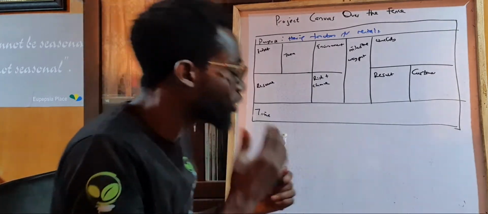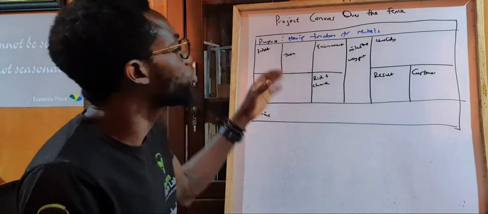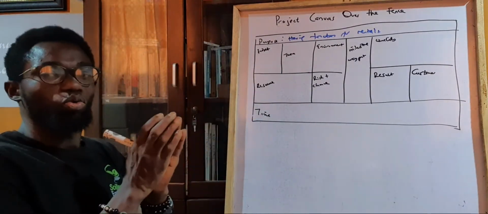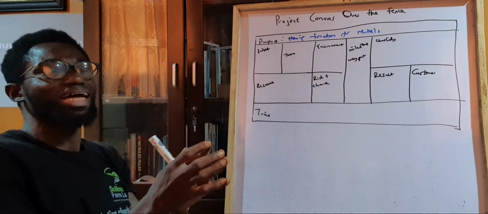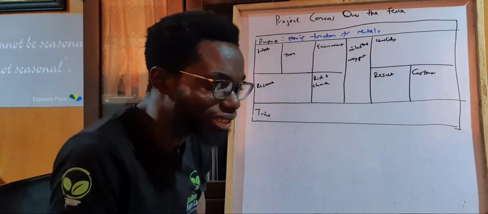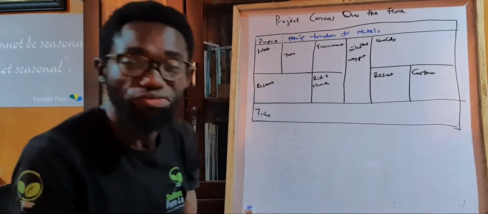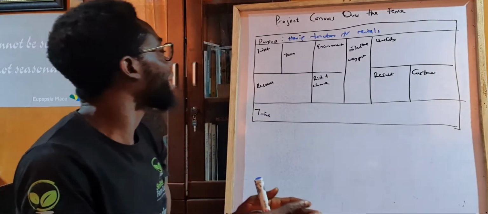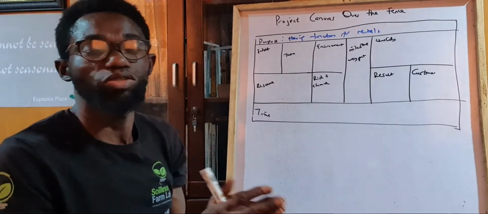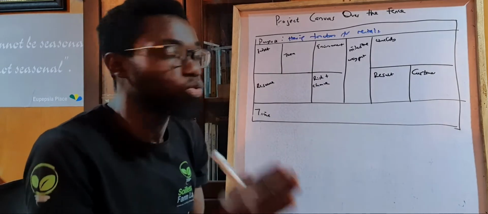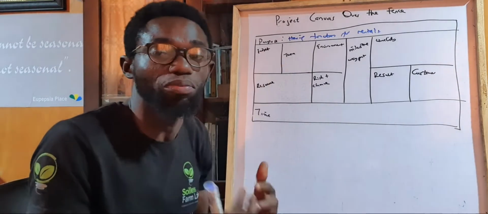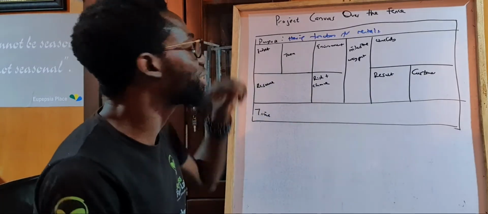I cannot successfully run the project canvas if I do not understand what it entails to bring that project to fruition. When I understand that, I can move on to the next step of understanding what needs to be in place for this project to actually come to fruition. So first is the budget.